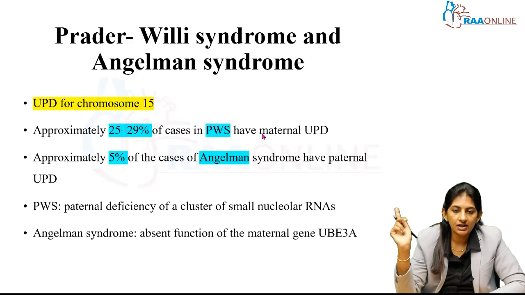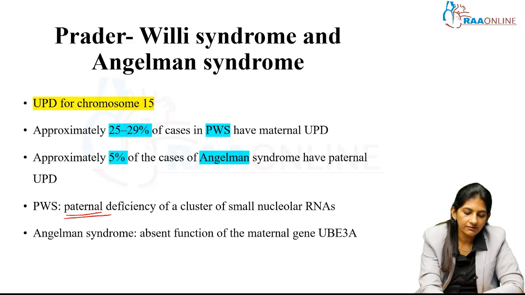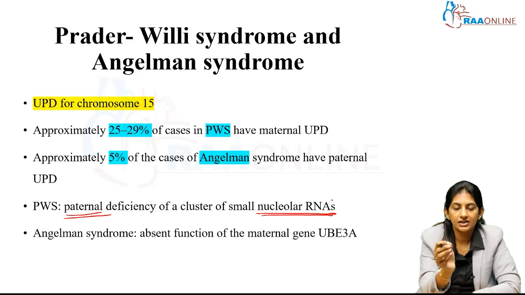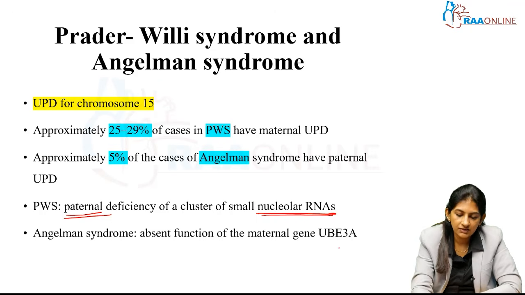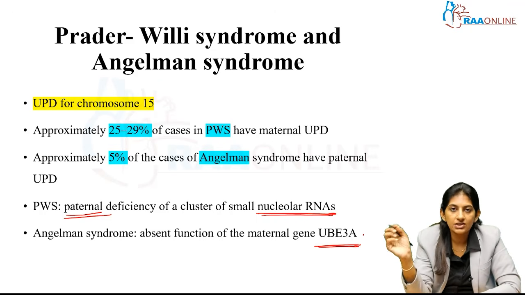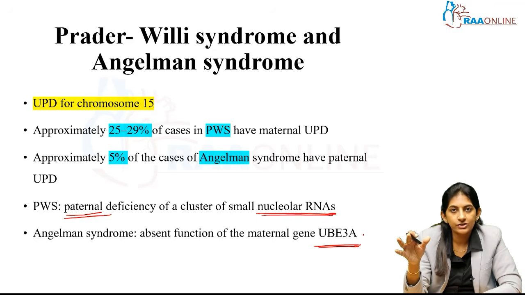In Prader Willi syndrome, there is paternal deficiency of small nucleolar RNAs. In Angelman syndrome, there is loss of the maternal gene UBE3A. This can very well occur without uniparental disomy also. Just by deletion of the UBE3A gene, Angelman syndrome will happen.